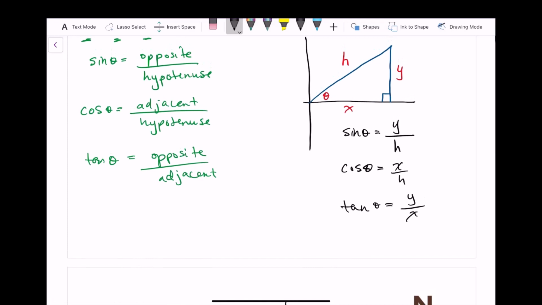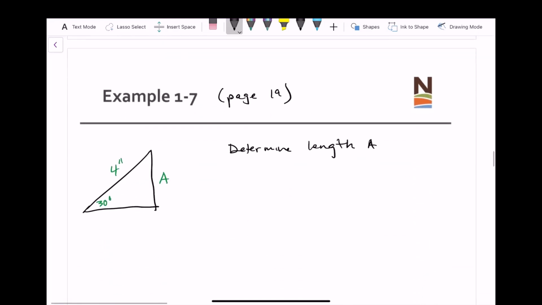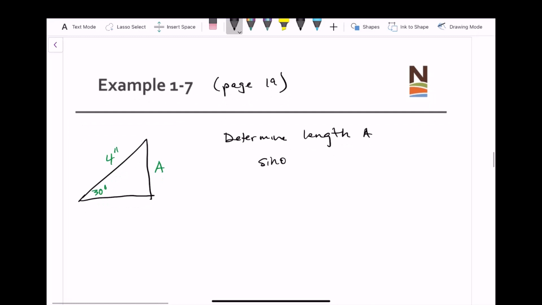Okay, so if we look at, for example, sine theta, that would be y, that's opposite over hypotenuse. Sine theta is equal to opposite, which is A over 4 inches. So if we sub in our values, we get sine 30 degrees is equal to A over 4.